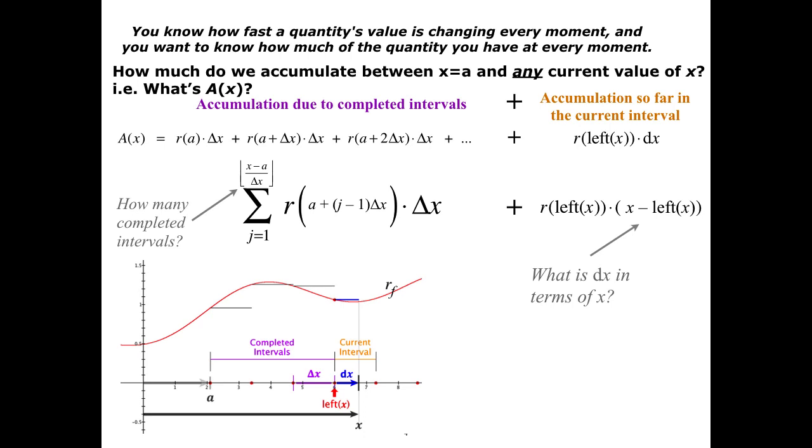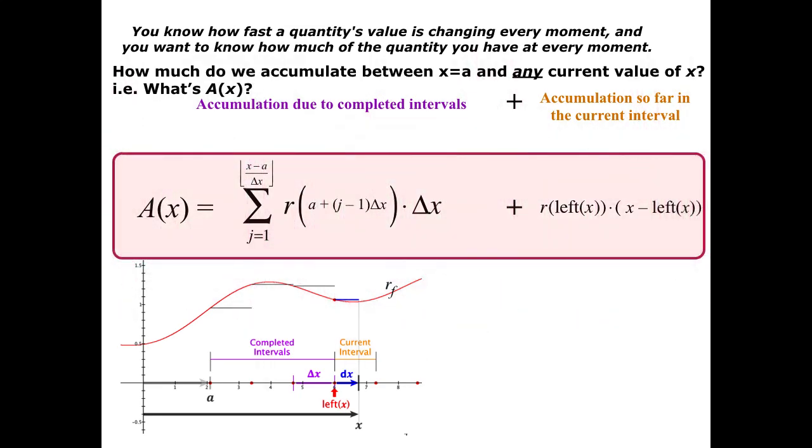This is the equivalent of that: x minus left of x, whatever the beginning of the interval is where x is. So we have our full sum then, which is approximate because we have a delta x.